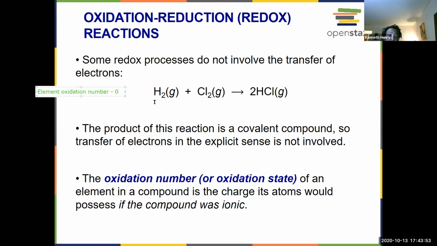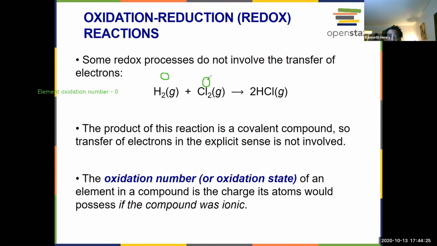So what are these guys? Are these guys elements, or are they molecules? They're diatomic elements. So their oxidation number is going to be 0. So both of these guys, their oxidation number is going to start off at 0. Now, when you have a compound formed, hydrogen has 2 options.